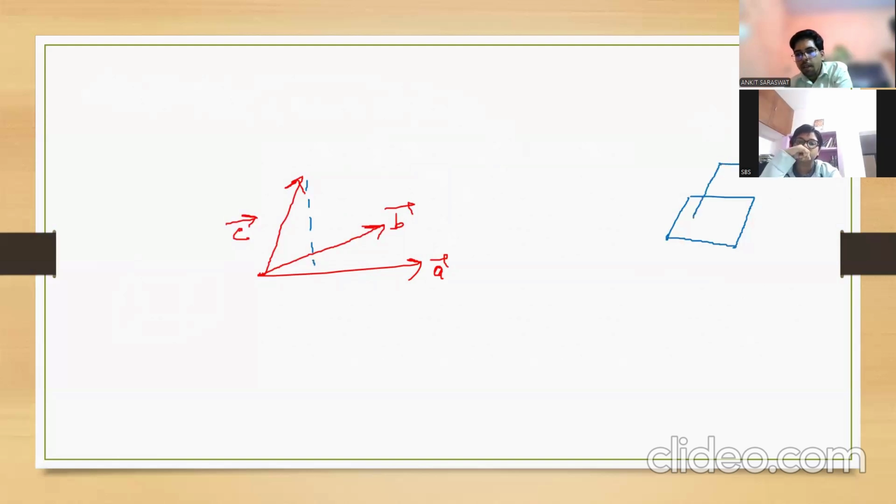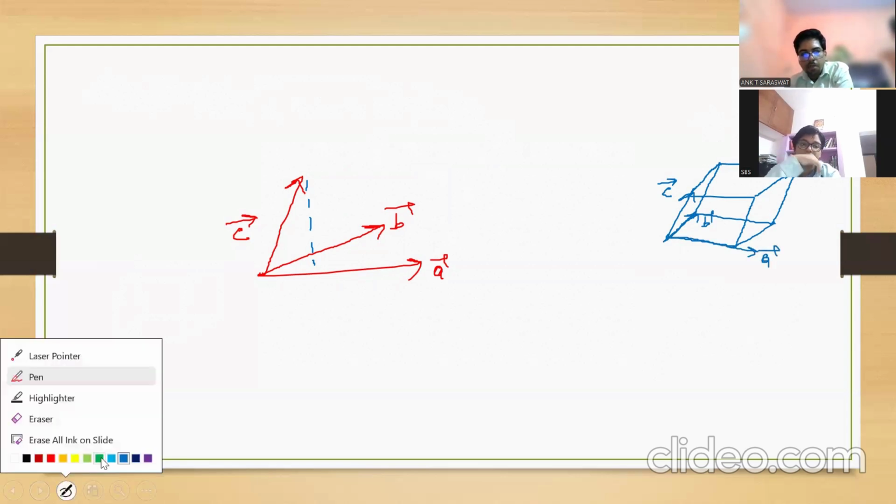Now how will I show the height? Like this only, by dropping a perpendicular. This is the C vector, this is the B vector, this is the A vector. Understood? The same thing I have shown here.